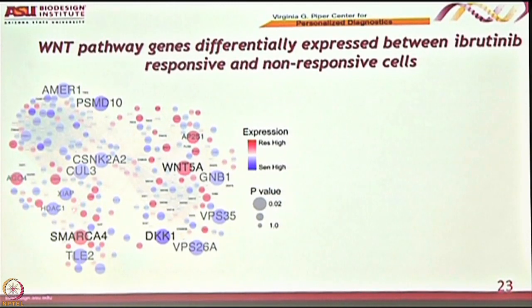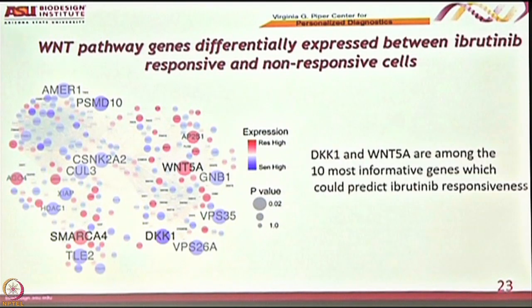And so what you can see is, here's the SMARCA4, for example. But we were focusing right here on Wnt5a and DKK1. The reason these 2 really stood out for us is these are opposing proteins. This guy inhibits that guy. So they are directly in opposition. This guy drives resistance. This guy drives sensitivity.